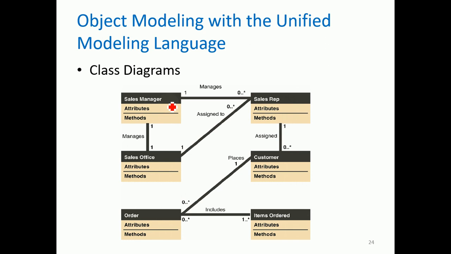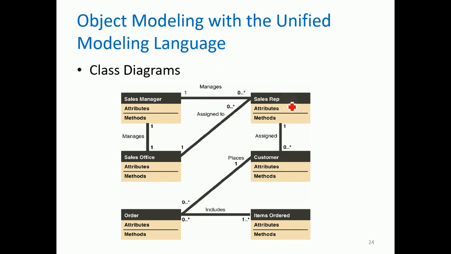Why is it zero? It depends upon the description of the situation. The sales manager is still a manager even though he or she is not managing any sales rep at all. And at the same time, you read it in reverse, but you have to change it, since one sales manager manages zero or more sales reps.